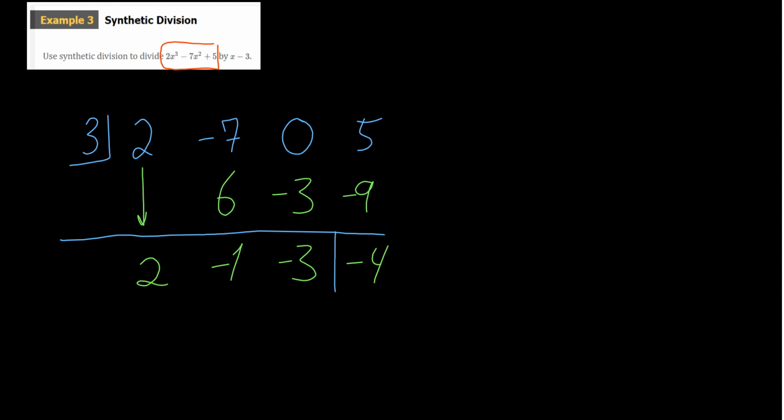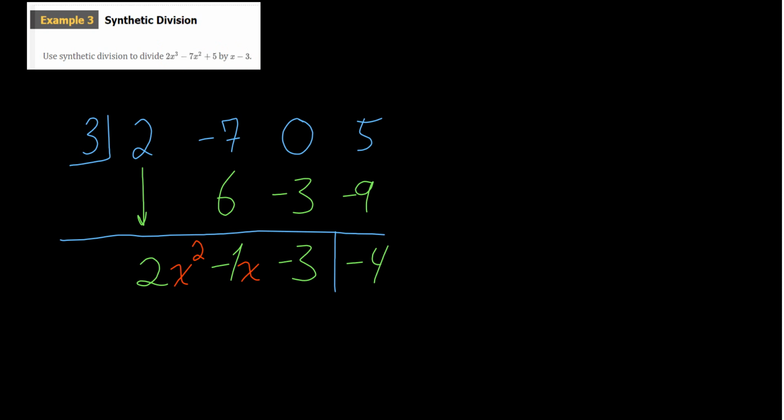Since it's a third degree polynomial, my quotient is going to be a second degree polynomial, because I'm taking a third-degree polynomial and dividing it by a polynomial raised to the first power. So I'm going to start with x squared, I go down to x, and then negative 3 is a constant, and then negative 4 would be the remainder.